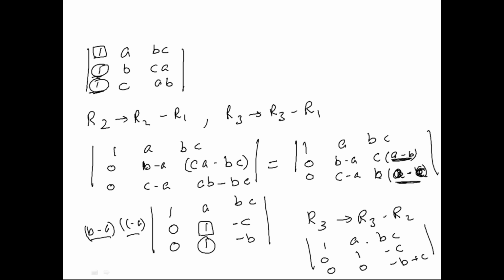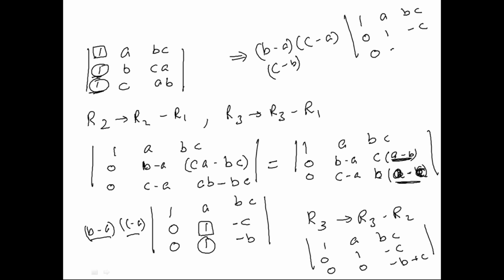Please note it down. So this becomes B minus A into C minus A. Again taking C minus B common from the third row, this becomes 1, A, B, C, 0, 1, minus C, 0, 0, 1.